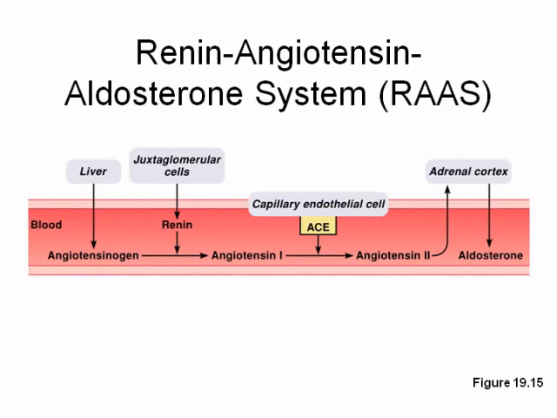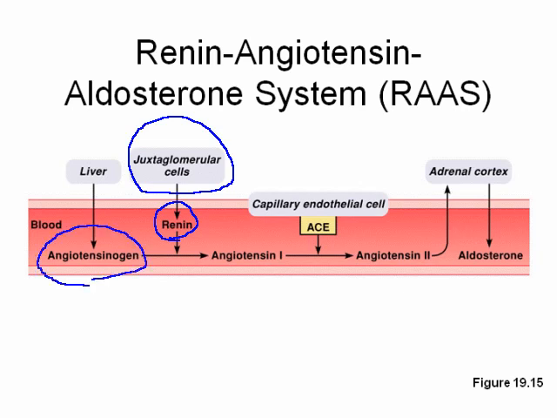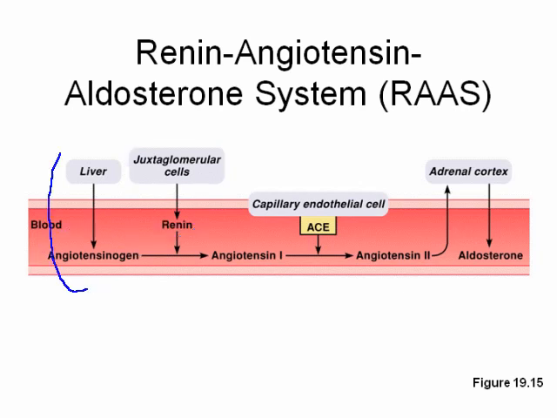Now, aldosterone is linked to a system we've touched on before. We've talked about how renin, which is released by juxtaglomerular cells from the kidney, works on angiotensinogen. I mentioned before that angiotensinogen is a protein released by the liver. Again, renin converts angiotensinogen to angiotensin 1.